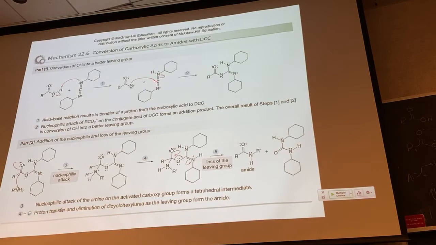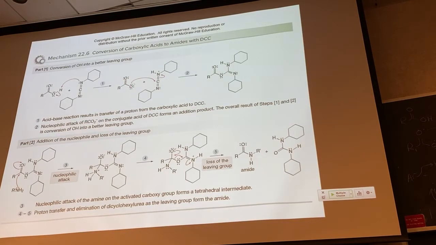And if we look at just the top half here, this looks an awful lot like an iminium ion. We encountered iminium ions in our last chapter. Iminium ions are electrophilic. And so once we generate this iminium ion, now our carboxylate can attack that carbon.